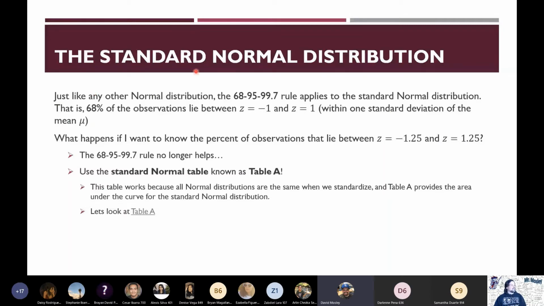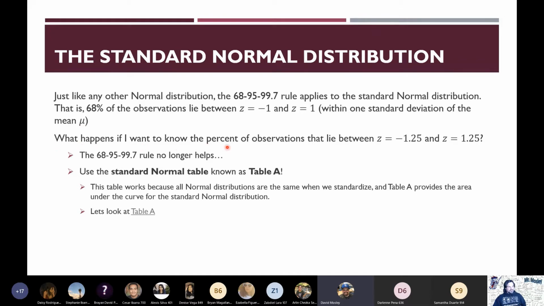So the standard normal distribution, just like any other normal distribution, the 68, 95, 99.7 rule applies to the standard normal distribution. That is, 68% of the observations lie between z equals -1 and z equals 1, within one standard deviation of the mean mu.